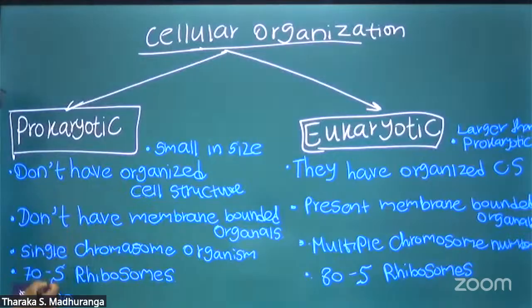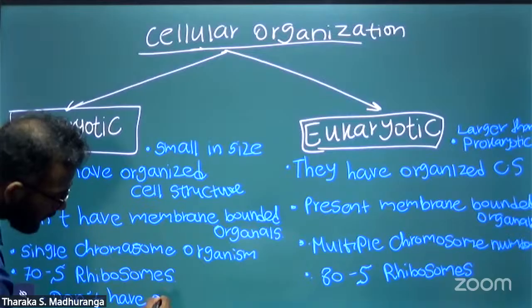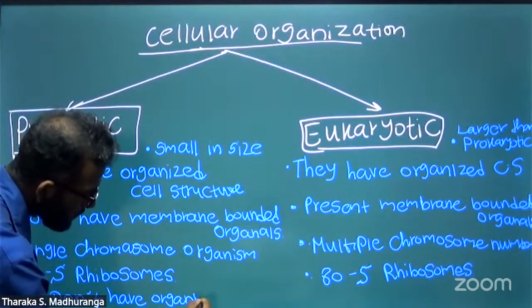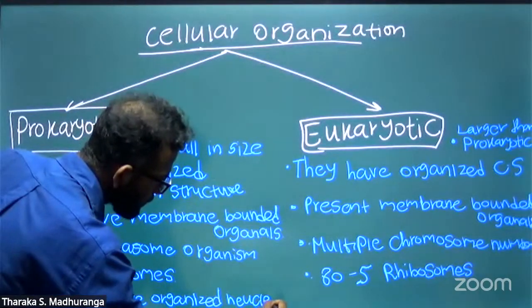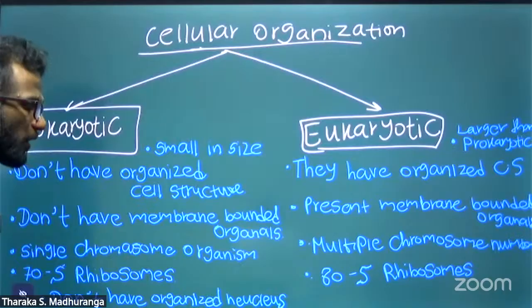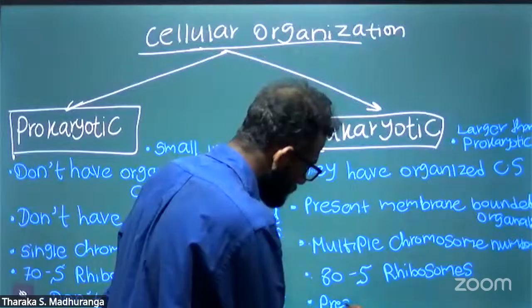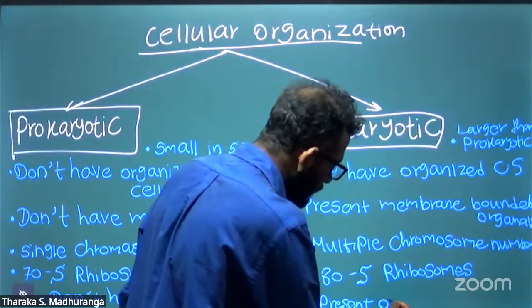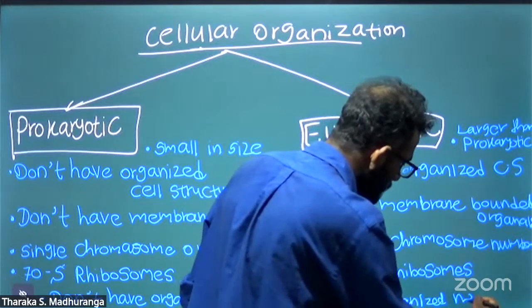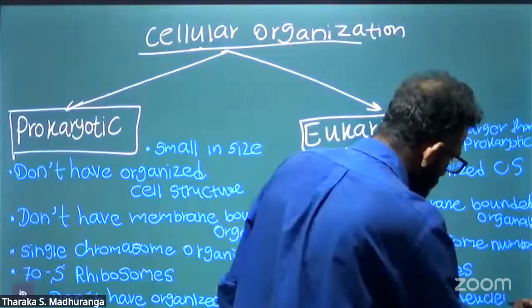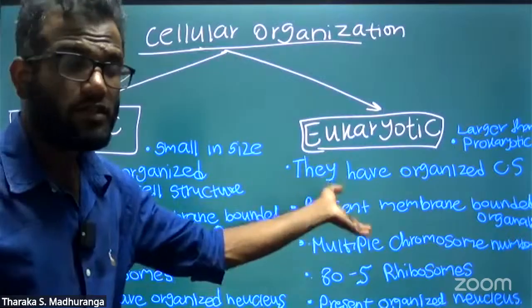The eukaryotic organism has an organized nucleus with multiple chromosomes.